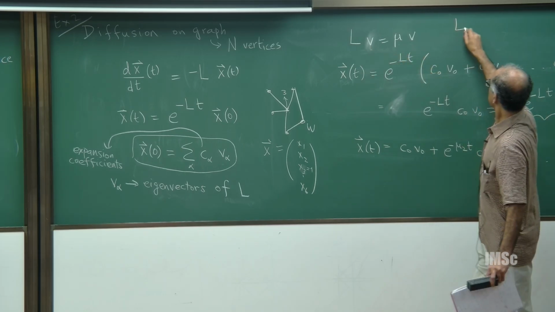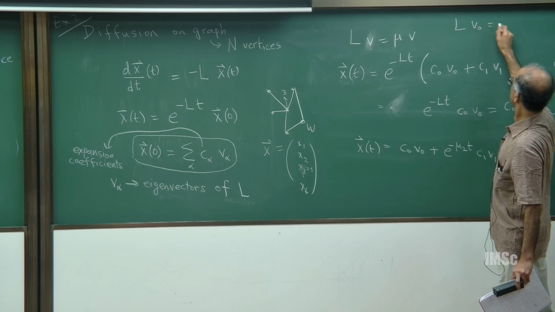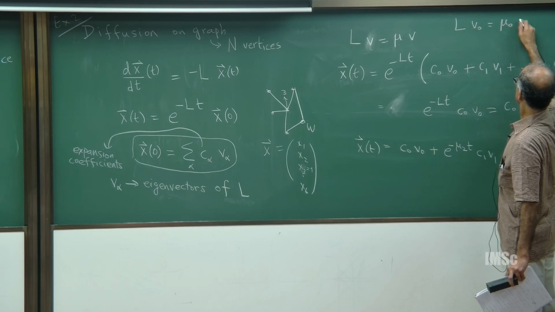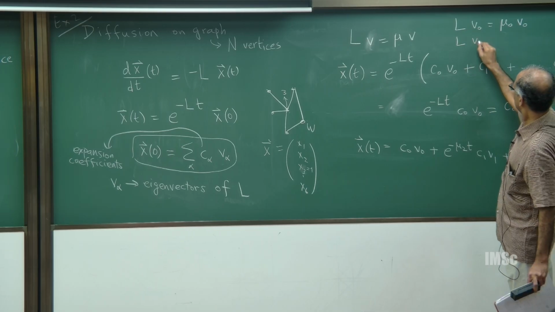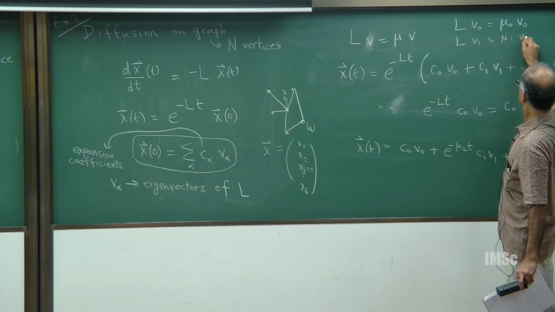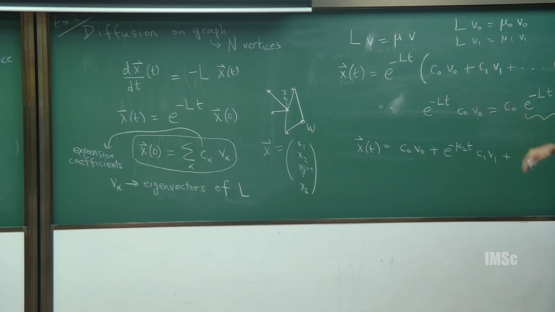So L acting on the first eigenvector will give you mu 0 times V0, or L acting on V1 will give you mu 1 V1 and so on. So you simply use that property, so that this will give you C0 times e power minus mu 0 T times V0.